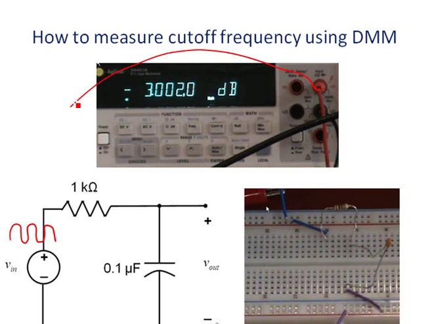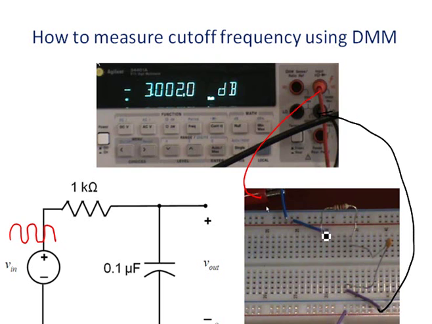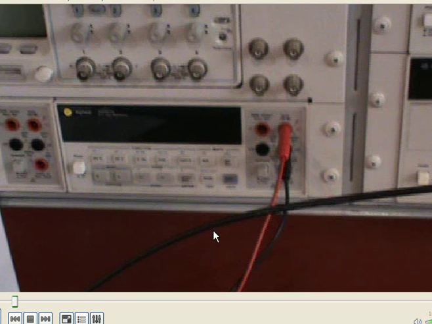The red lead should be connected to the positive terminal of the power supply. So here's the black lead. In the circuit, we just connect the input of the digital multimeter to the power supply of the circuit. So here we just want to record the input voltage amplitude.